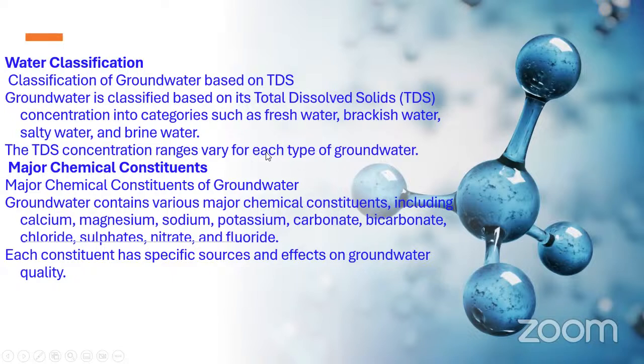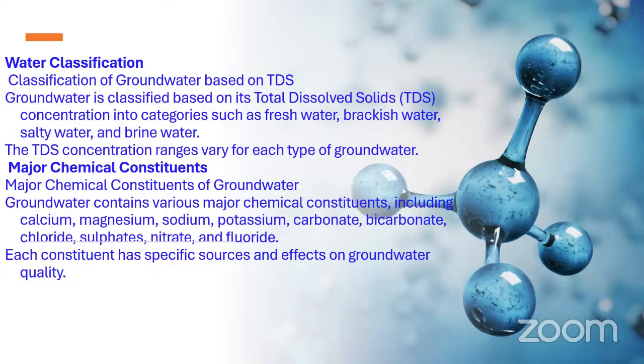As I told yesterday, most municipalities and drinking water supply systems maintain TDS about 250 mg per liter. Up to 500 we can consume for drinking purposes.